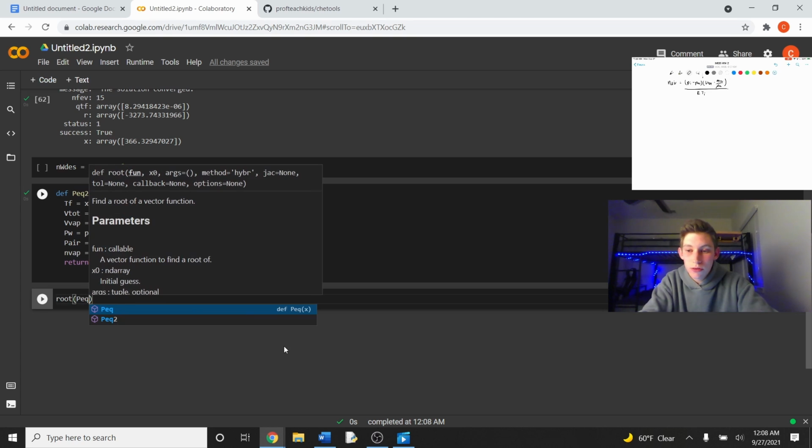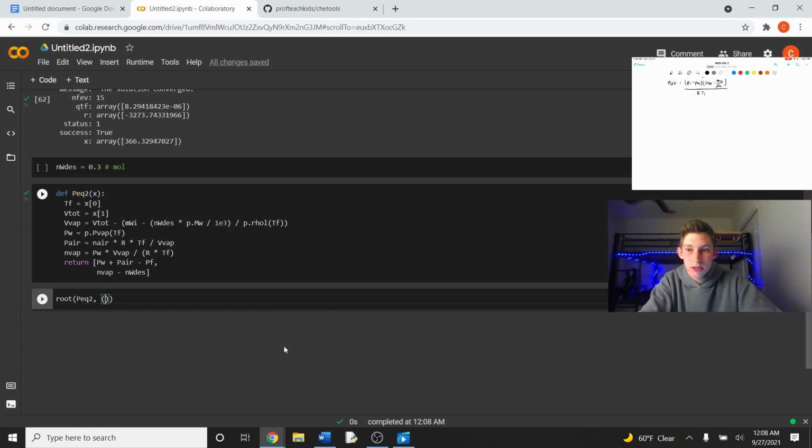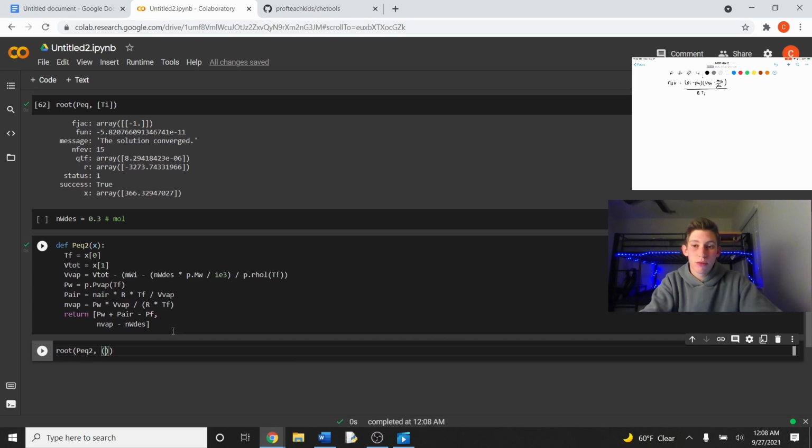To finally get the roots of this, we need to have two initial guesses. So since the parameters are similar to our first problem, I'm going to put in 360 for the first unknown, which would be the final temperature. And then for our second, I'll put in 0.01 for the total volume, excuse me.